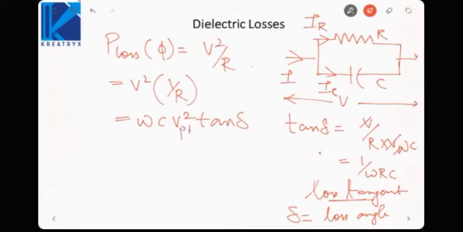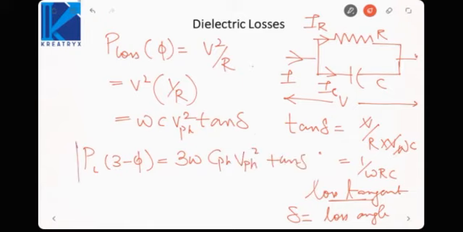Here use V phase for single phase. For three phase, it will be 3 omega C phase V phase square tan delta. Okay, that will be the dielectric loss in case of a three phase underground cable. So that way we need to calculate the dielectric loss. This is one of the most important formulas from this topic, underground cable.